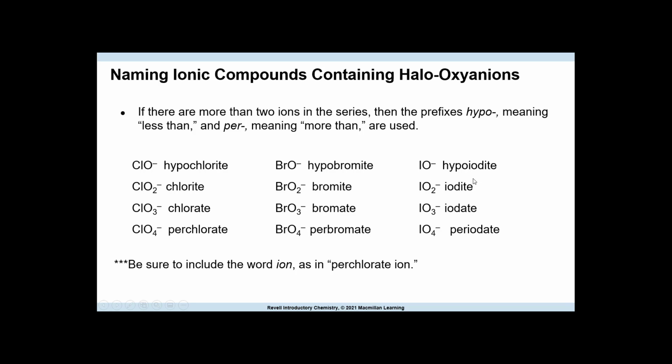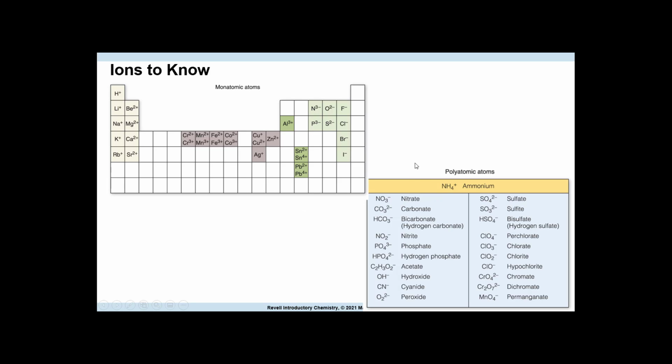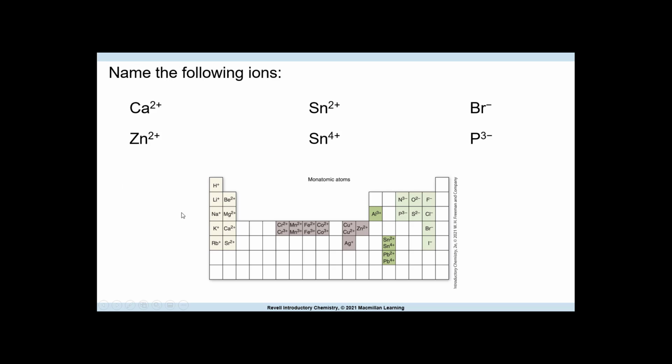You can see here, hypoiodite is 1, iodite is 2, iodate is 3, and periodate is 4. How you name it should tell you how many oxygens: 1, 2, 3, and 4. These are ions you definitely should know. You should get familiar with these and the oxygen states. They will save you a lot of time and headache if you know them.